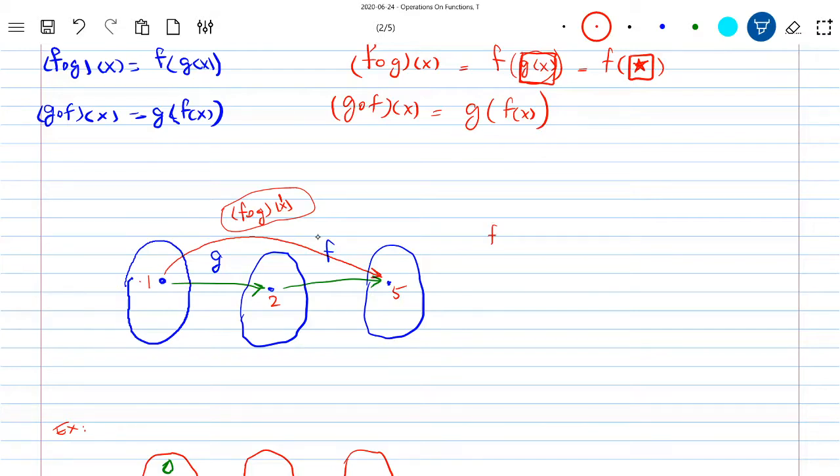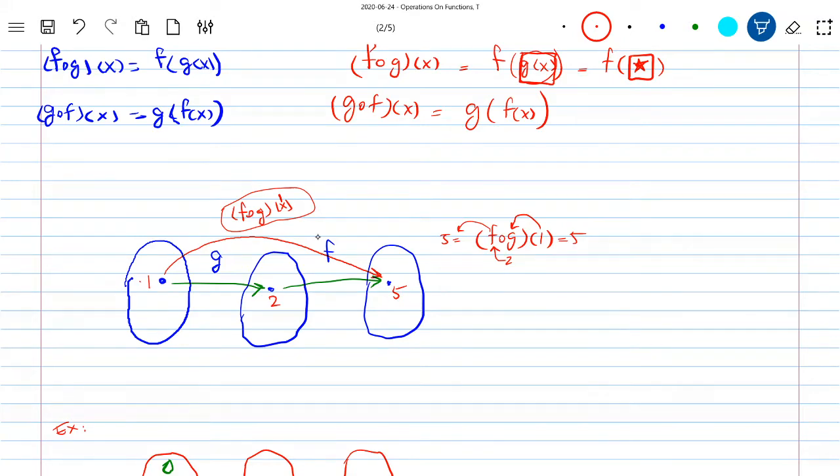So here, f∘g of 1 means 1 goes into g, and what you get is 2. Then 2 goes into f. What do you get as the result? It's 5. So the outcome of f∘g is 5.